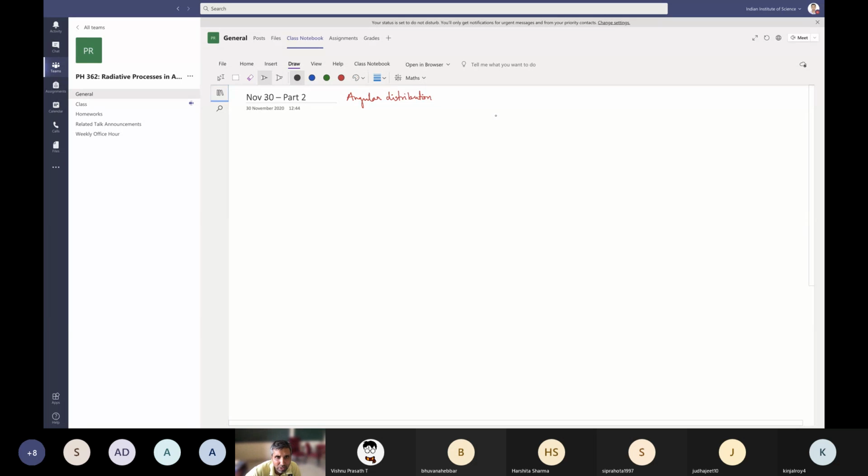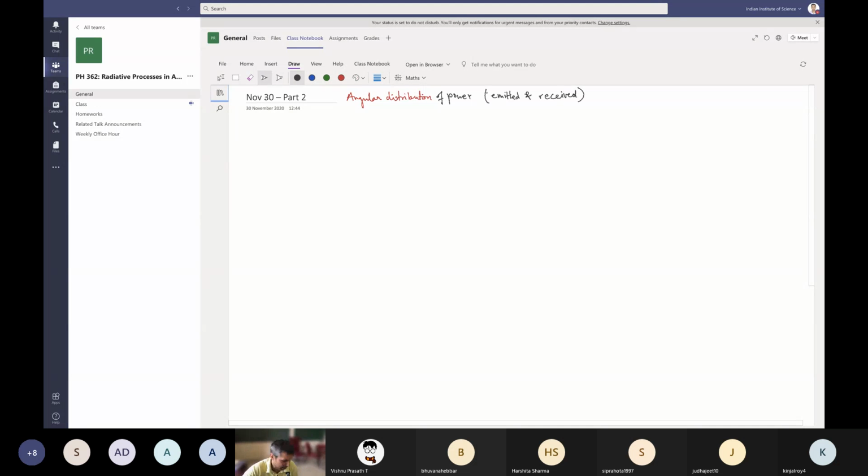Okay, so the previous part was about total power. Now we are concerned about how much power goes in what direction. So we'll have emitted power and received power.